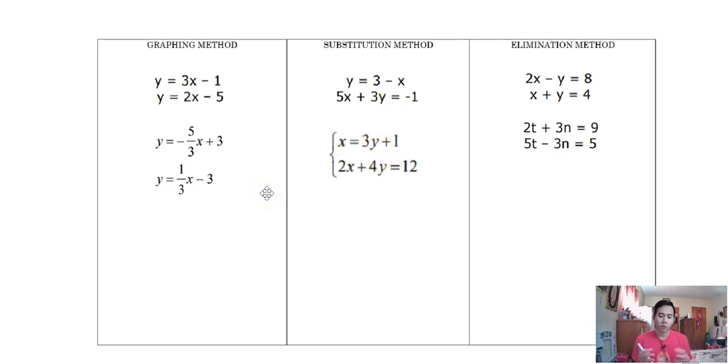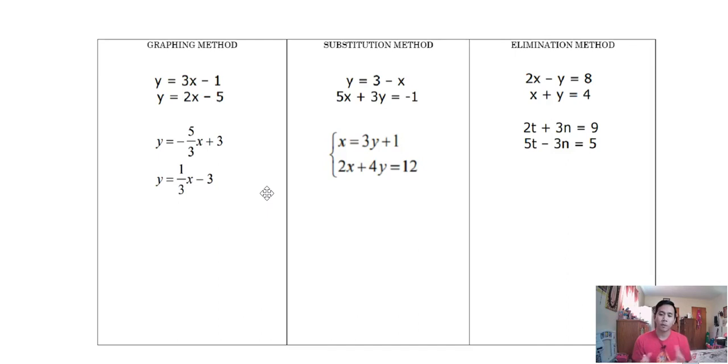Because your main purpose in substitution is to solve for one variable first. It's like elimination. And for elimination, both equations must be written in standard form, which is ax plus by is equal to c.